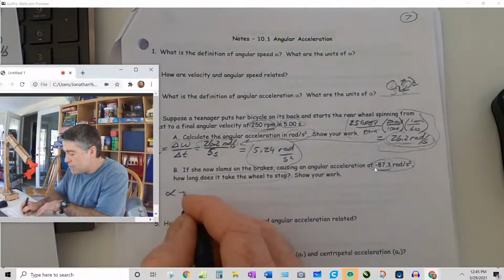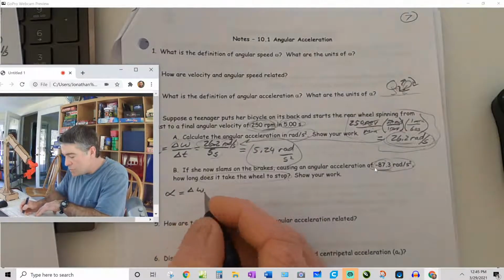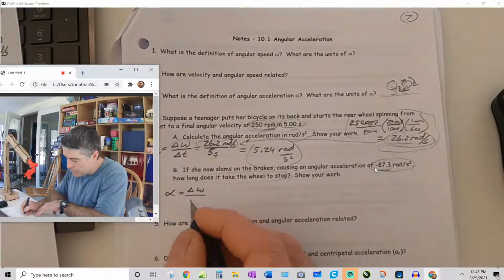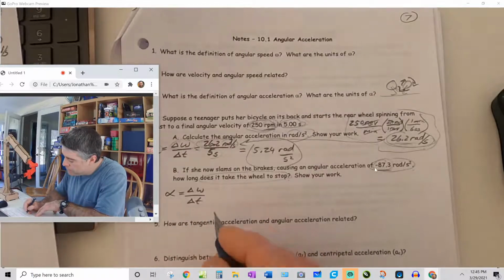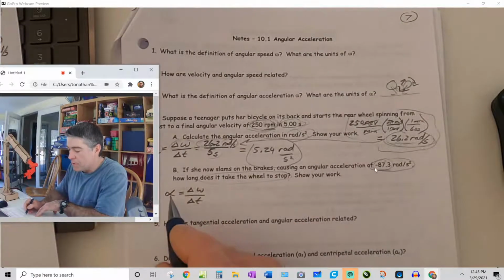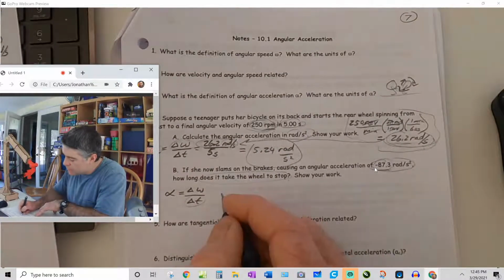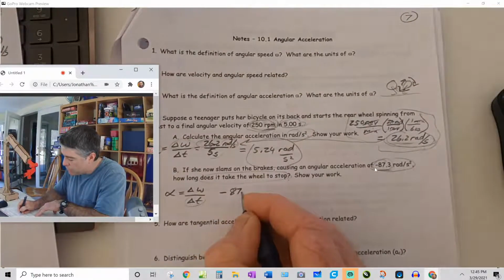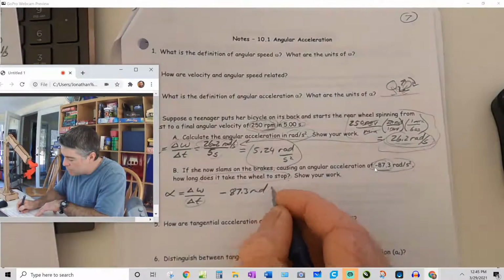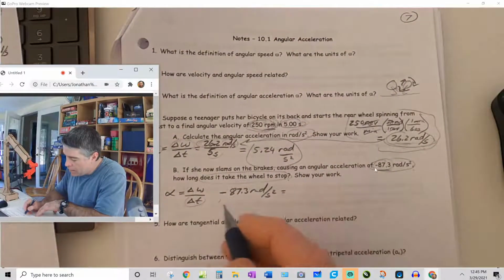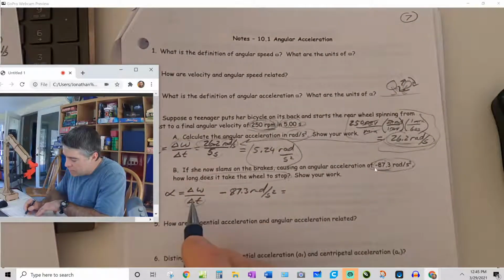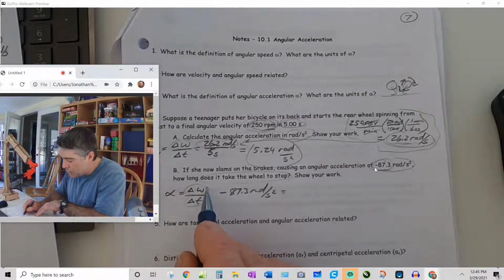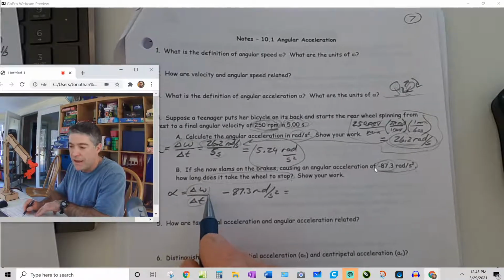Angular acceleration equals change in angular speed divided by time. In this case, I'm looking for time, so I'm going to solve for time. The angular acceleration is negative 87.3 radians per second squared. And the change in speed, it's going to lose all the speed that it had before.